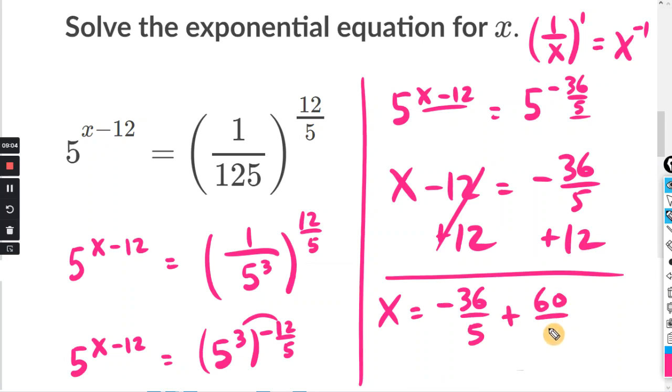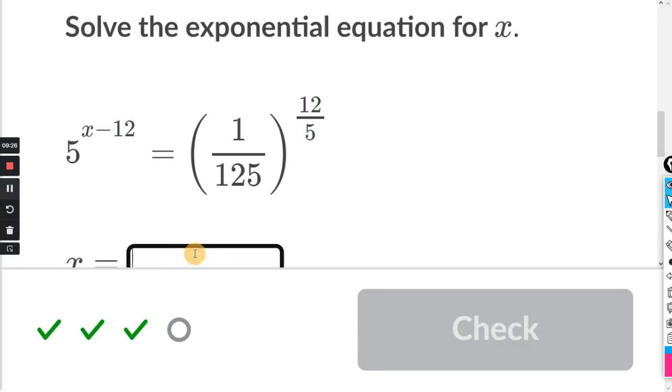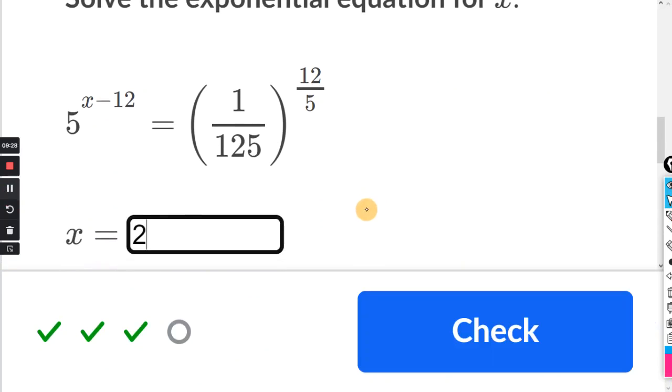And that's going to be 60/5. Okay, that's the equivalent of 12. And now we can add negative 36 plus 60. That is going to be 24 over the common denominator of 5. 24/5. So in the box, 24/5.